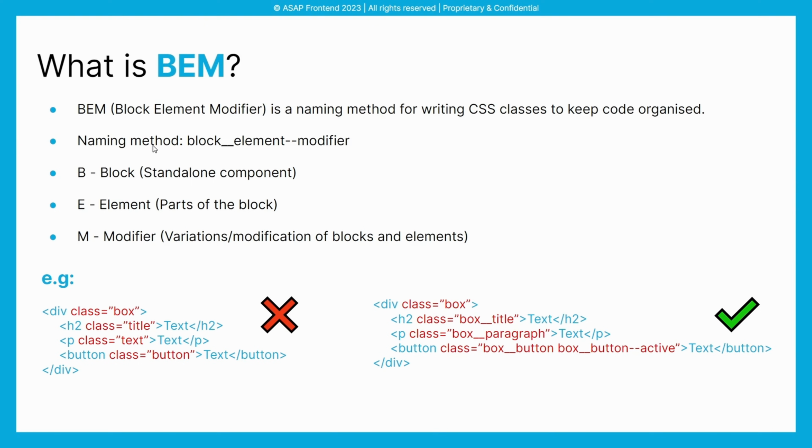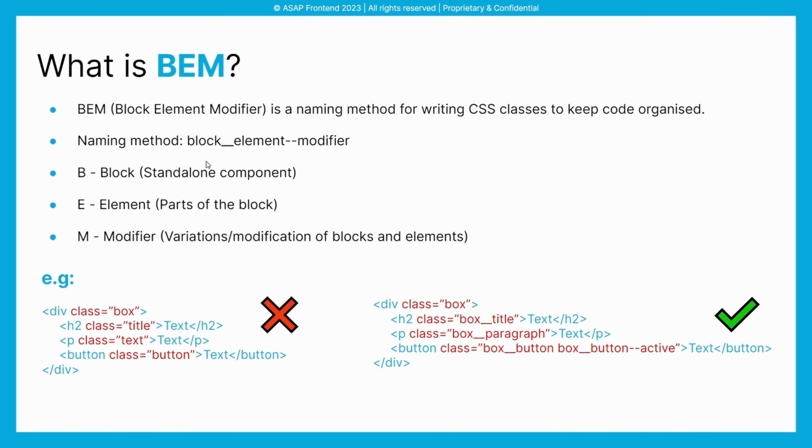Well, BEM is actually more simple than you think. It stands for Block Element Modifier, and it is a naming convention that we use when writing CSS classes to keep our code more organized. And how the naming method goes is block__element--modifier.